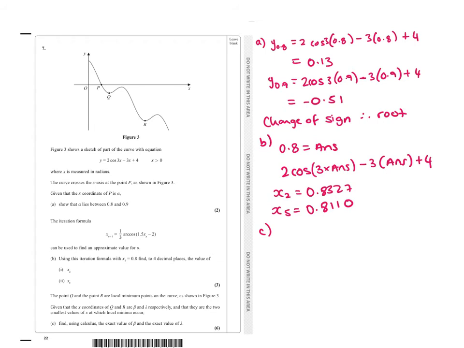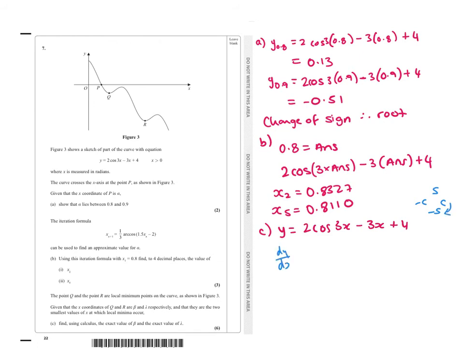So I'm going to have to differentiate this. So y equals 2 cos 3x minus 3x plus 4. Okay, so we know when we differentiate cos, we're going to get minus sine, and we're going to have to use chain rule. So let's just get a different colour. So we know we've got sine, cos, minus sine, minus cos. So when I differentiate cos, I'm going to get minus sine.